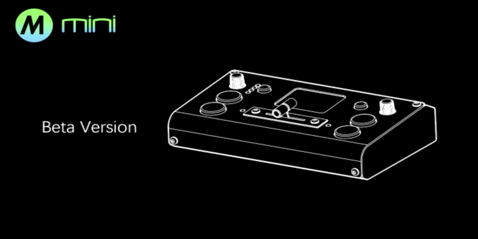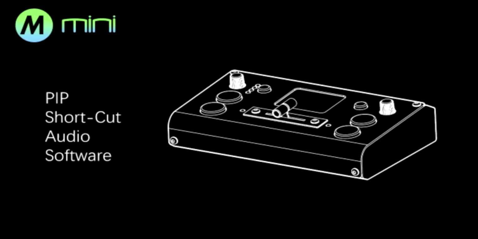Version 0.35 is the beta version of Mini, and we've improved the stability of Mini and improved the heat problem and more. Not only did we add the picture-in-picture mode and the shortcut key, which I will show you later, along with how to operate the picture-in-picture mode, we also solved the audio problem, and it can connect to the PC software, and the operation is convenient and simple.